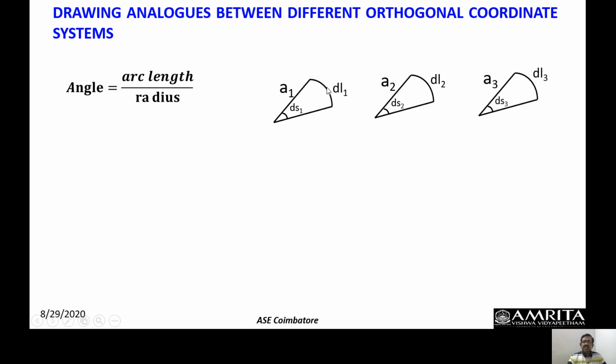Now this is infinitesimal displacement along the L1 direction, dl1, infinitesimal displacement along the L2 direction such as dl2, the infinitesimal displacement along L3 direction, dl3. With that in mind, we can define dl as the net infinitesimal displacement along the three directions.